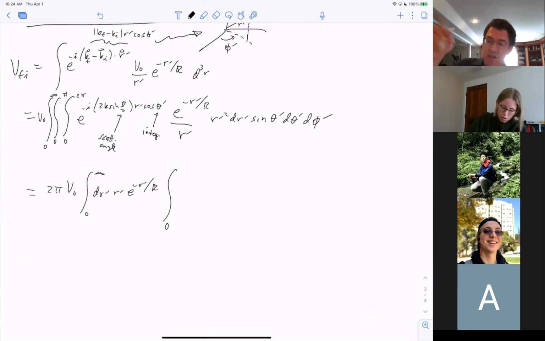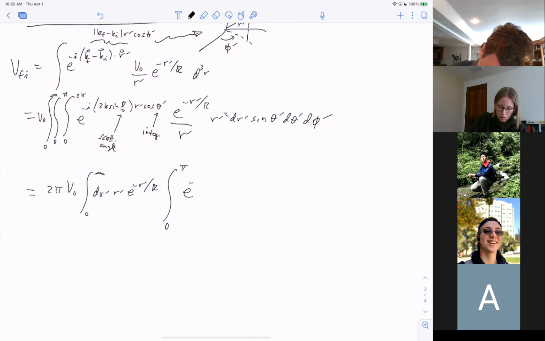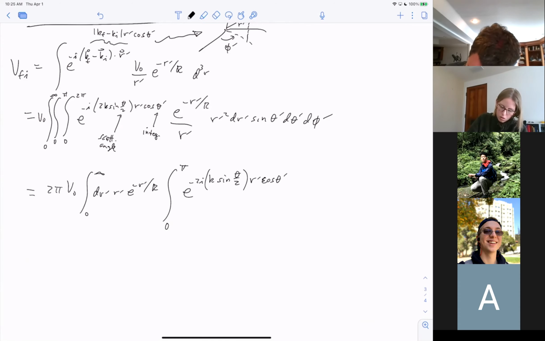The phi part is trivial. That just turns into 2 pi. The theta part is still kind of hard. For the theta part, you have this e to the negative 2i k sine theta over 2 times r prime cos theta prime sine theta prime d theta prime.